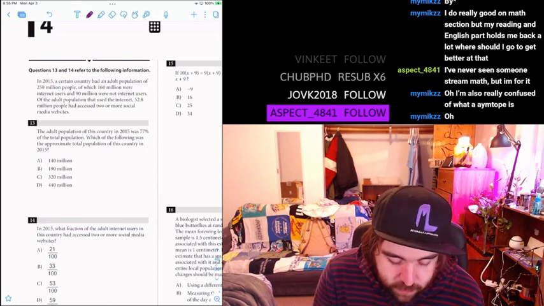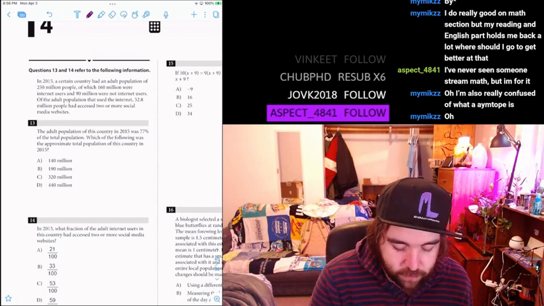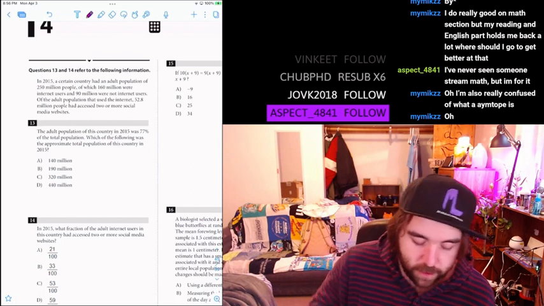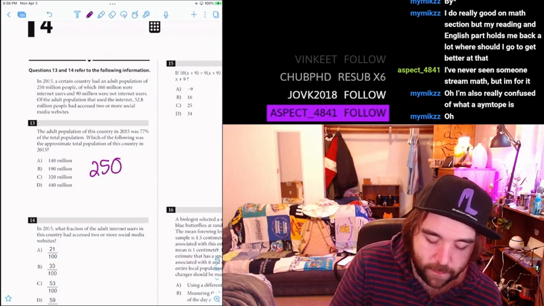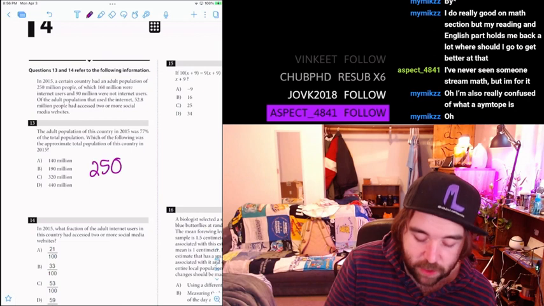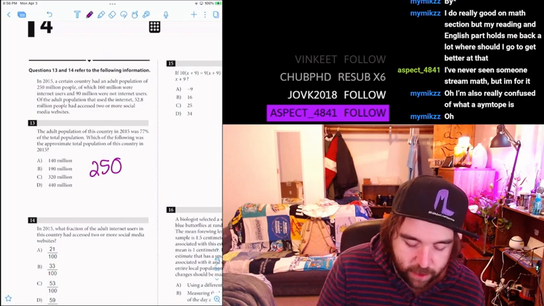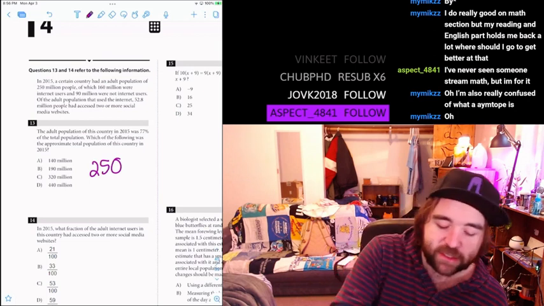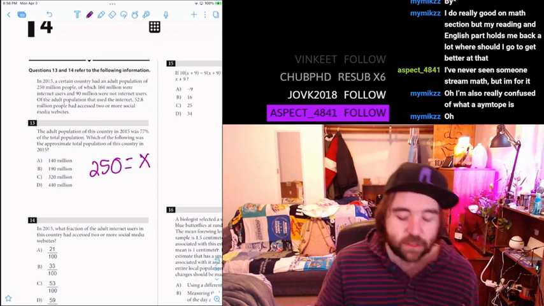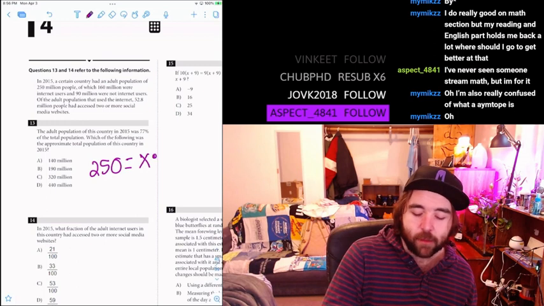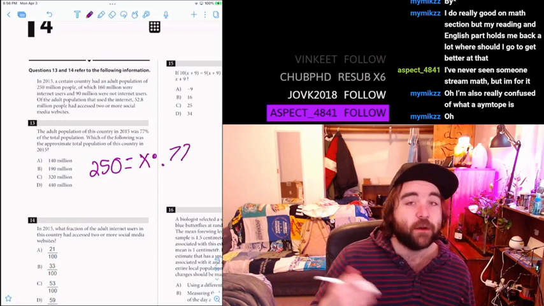So in 2015, a certain country had an adult population of 250 million. That's what they're saying, that 250 million is the adult population. And then down here, they say that that adult population is 77% of the total population. So X is the total population, and we multiply that by our 77%.